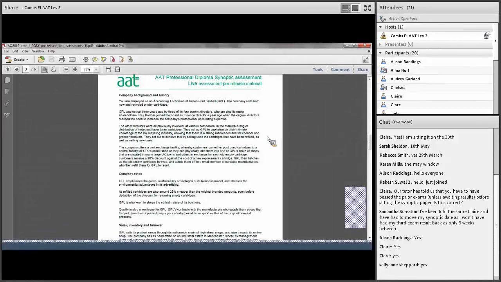Now, as far as we are aware, this pre-release scenario that we've been given here, which is Green Print Limited, this is going to be tested for, as the pre-release material, the scenario for the exam for the foreseeable future. It may well change in the longer term, but the AAT have confirmed that they will give us plenty of notice if they're going to change this pre-release scenario.